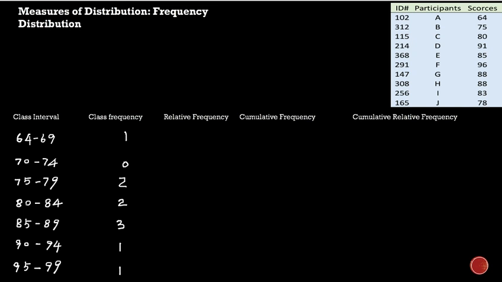We add up all the numbers here. 1 plus 2 plus 2, 5, 8, 9, 10. Totally it is 10. If you add up all the frequencies and you get 11, that means you made a mistake.